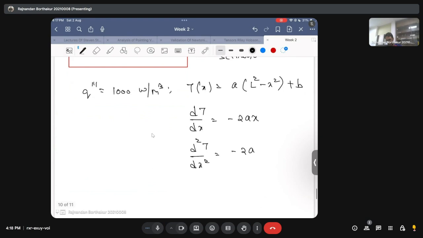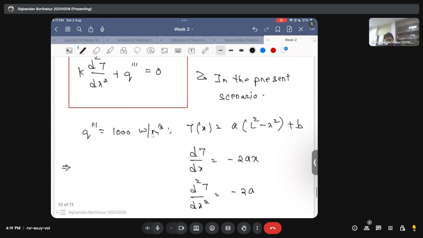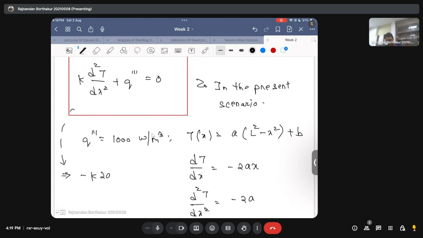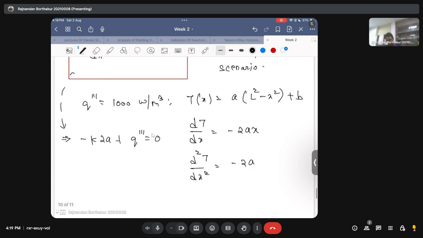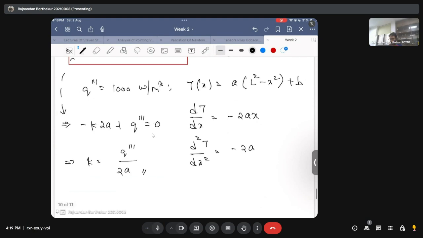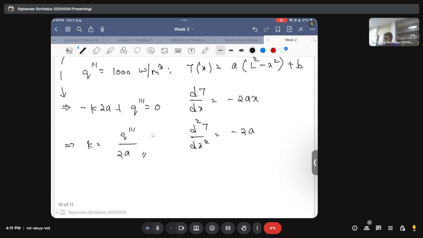So this equation then just becomes minus of k times 2a plus q double prime equal to 0, which means that your thermal conductivity is just q double prime by twice a. That's it. You just need to substitute these values to get the value of thermal conductivity.